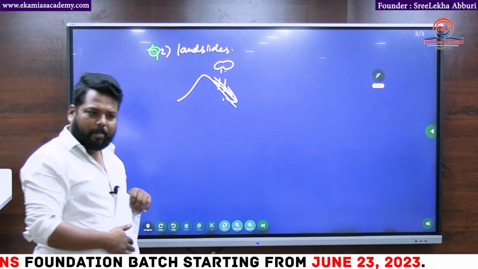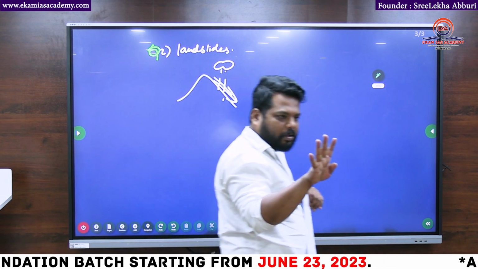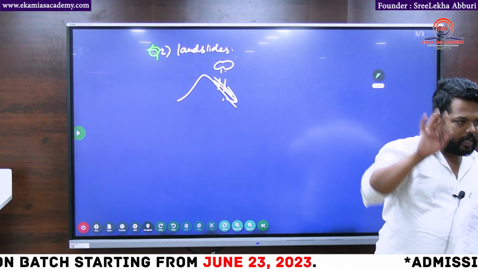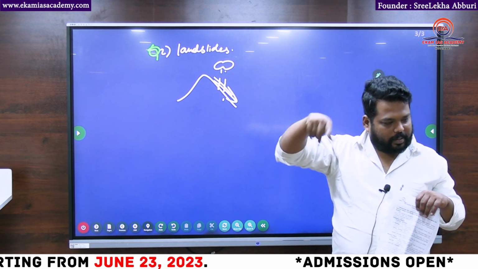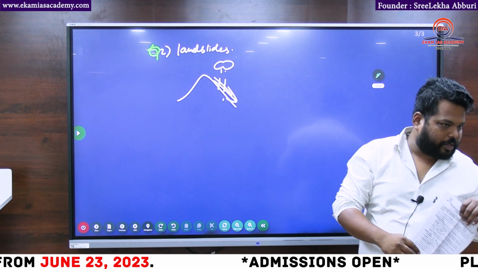Western Ghat falls under biodiversity hotspot, you know, right? 4 biodiversity hotspots are there. Western Ghats, Himalayan regions, the Sundaland, and this Andaman Nicobar Purvanchal extension, right?